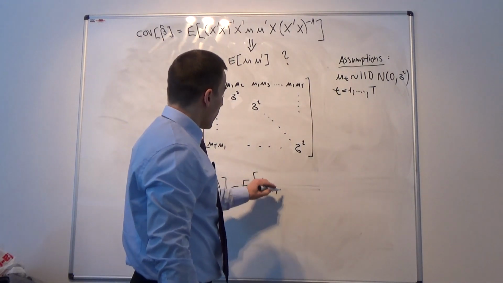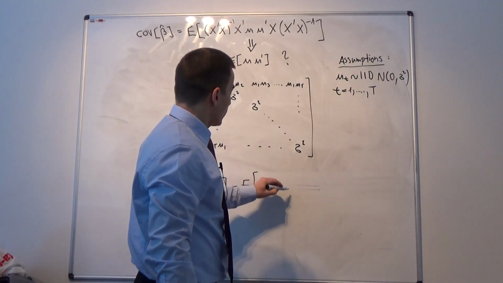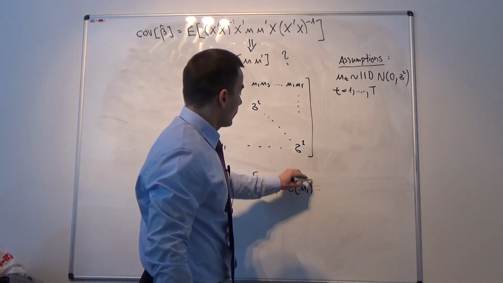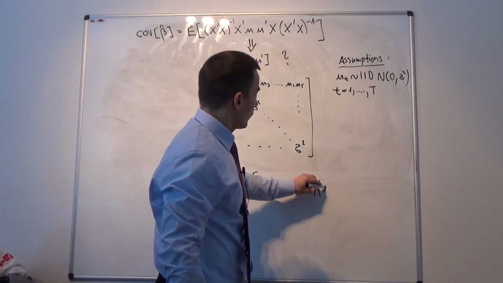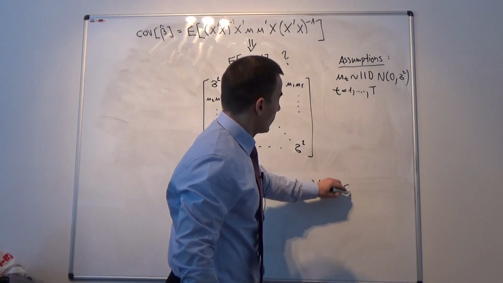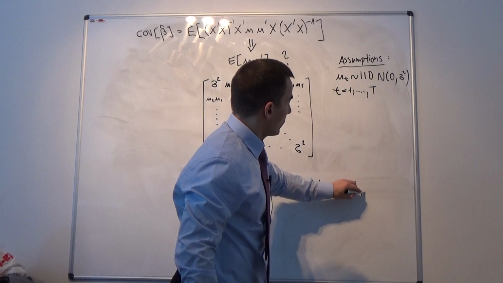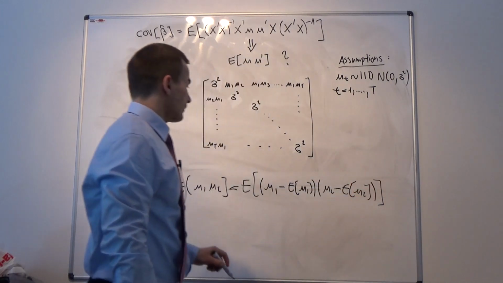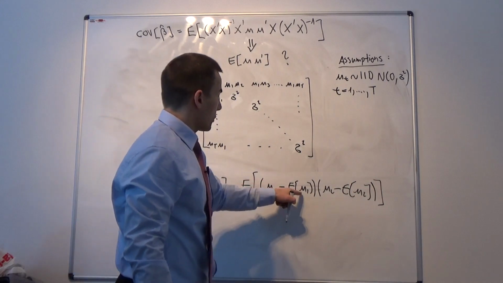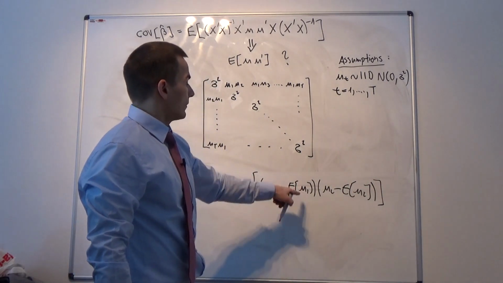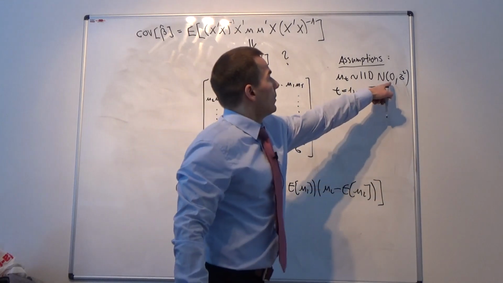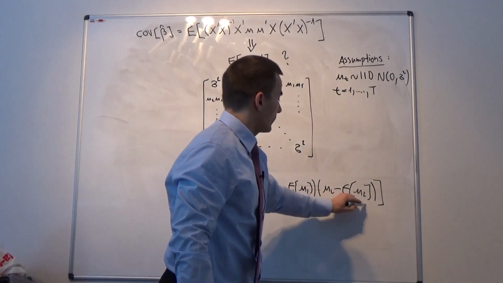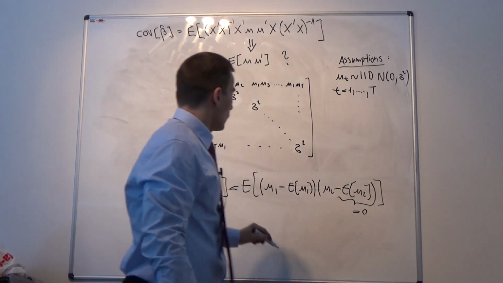So it's U1 minus the expectation of U1 times U2 minus the expectation of U2. We know the expectation of U1 is the same as the expectation of U2, which is 0. So this is 0, so we can always expand with 0.